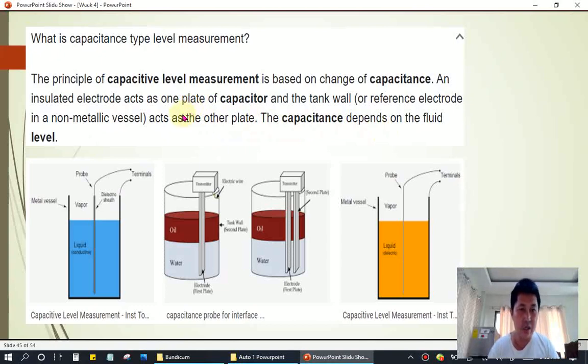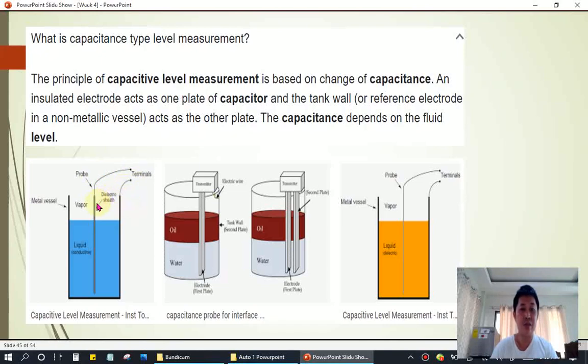As you can see here, you have a sensor probe, the level probe, connected to your wire, with positive and negative terminals, and connected to the ground.